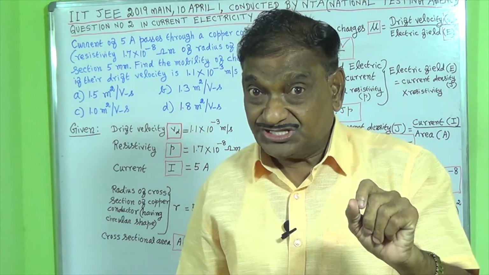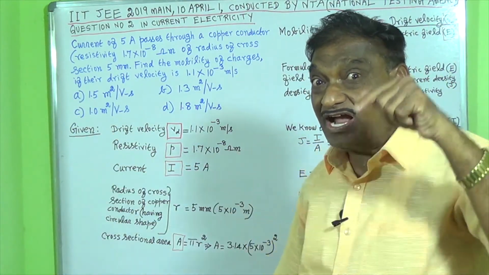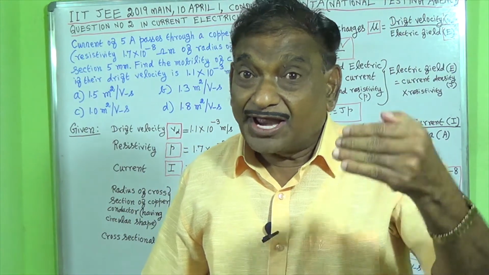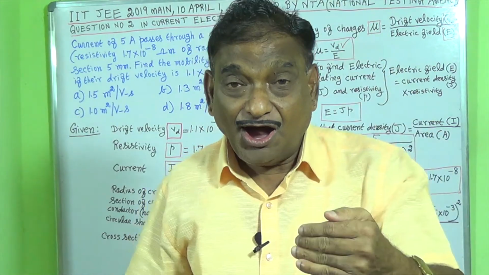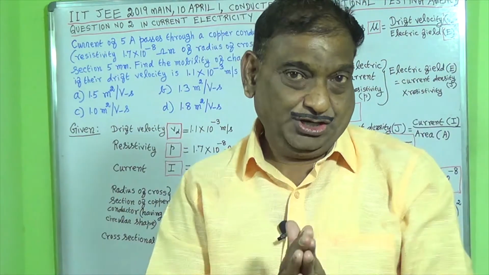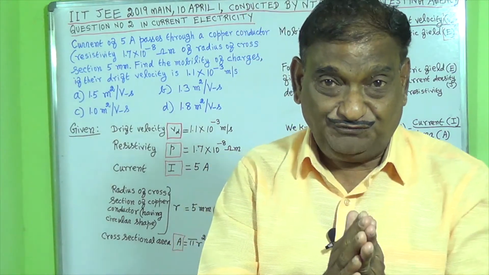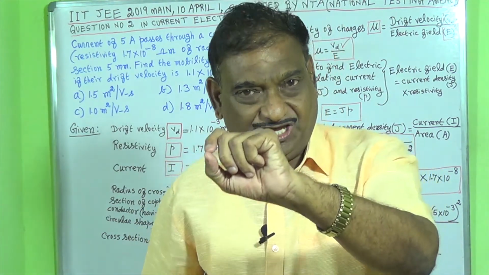The reason is the resistivity is given in the sum. We can find the current density, because we have the current and the area. If we divide the current by the area, we will get the current density. So we are selecting the formula for electric field as current density into resistivity.